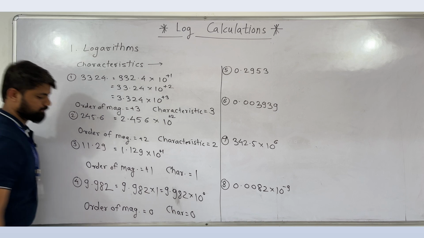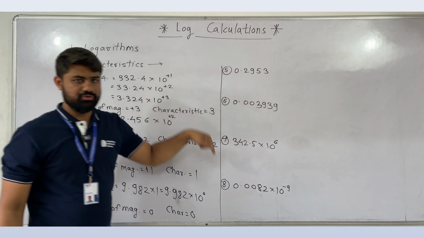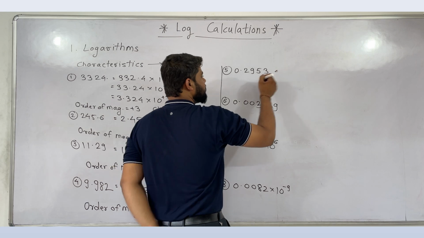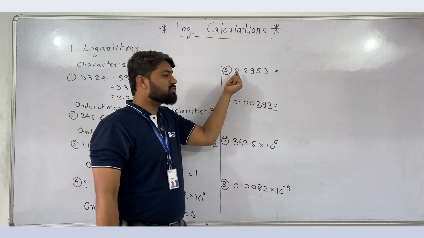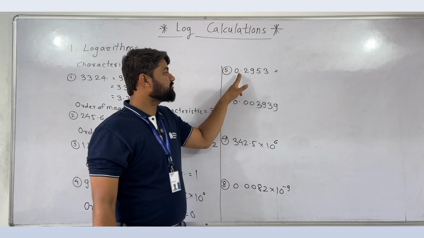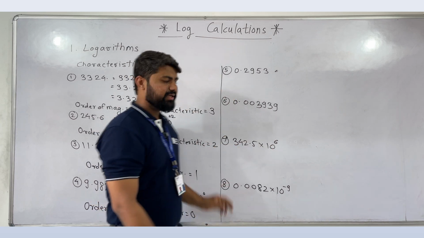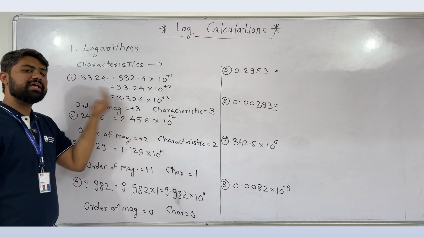Okay, so we have seen these numbers. Now let's see those numbers. Here, the decimal point is already shifted such that there is no non-zero number to its left. So now we have to shift the decimal point to the right. In the first three questions, we had to shift the decimal point to the left.